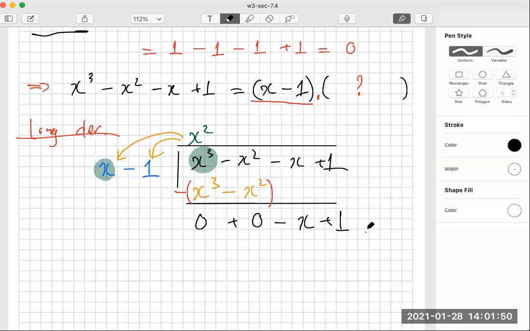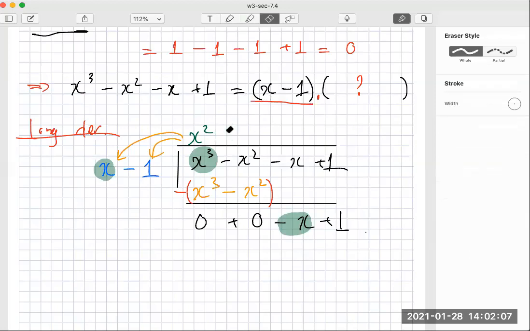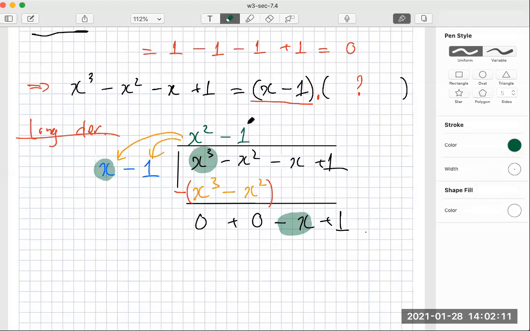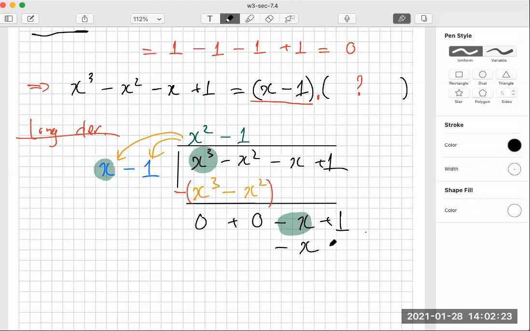Okay. So continue doing this. We take the highest degree term, which is negative x, divided by x. What do we have here? Negative 1. Then again, negative 1 multiplied back to this divisor will be negative x plus 1.